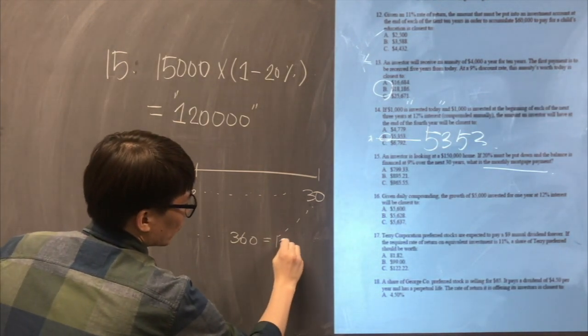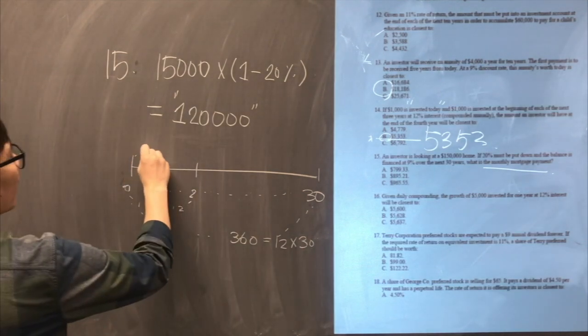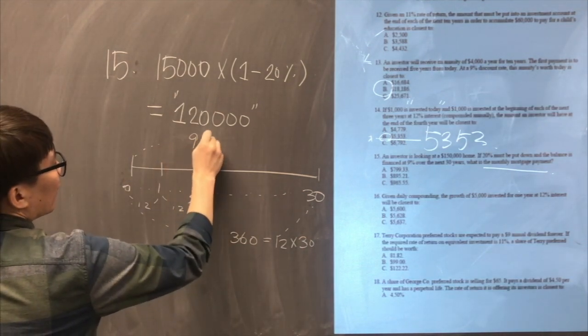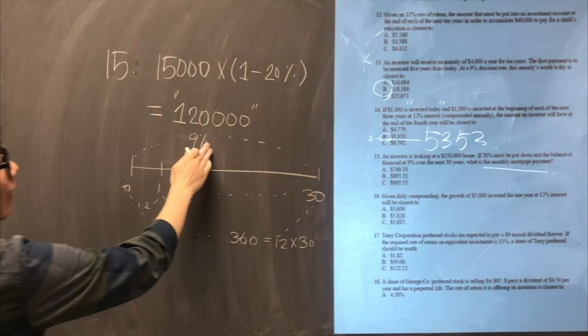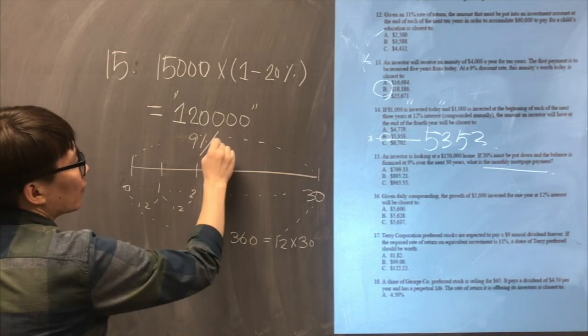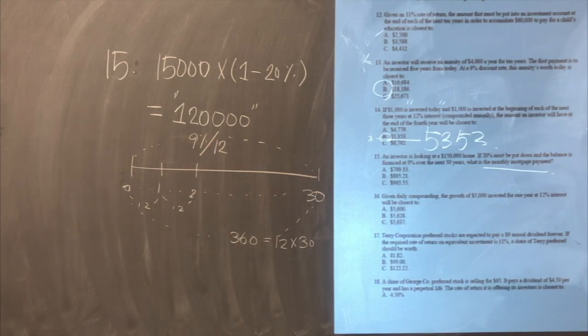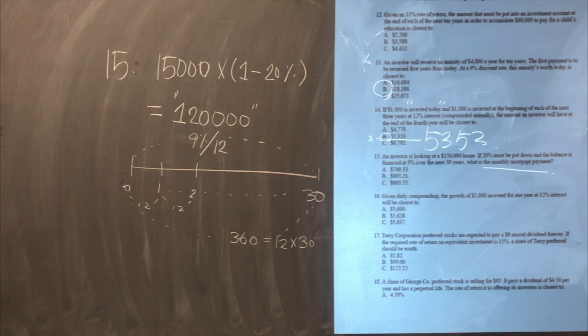Why? 12 multiplied by 30, okay? And interest rate, 9%. However, this is the annual interest rate. In this case, we divide by 12 because you pay monthly, okay?